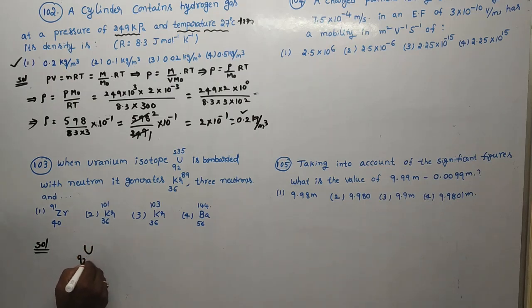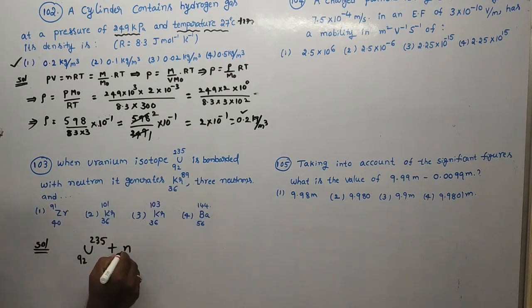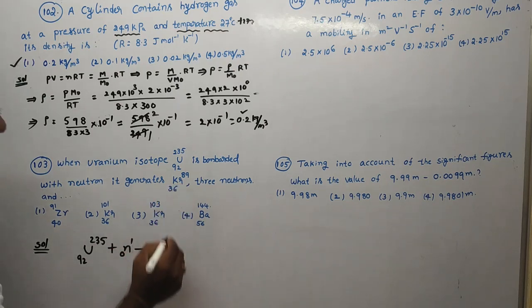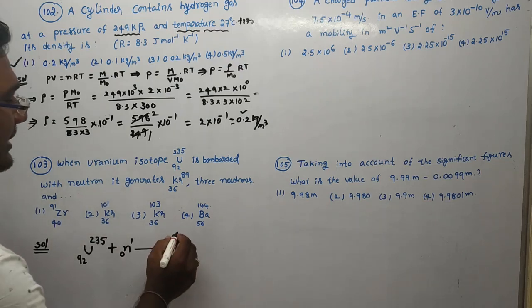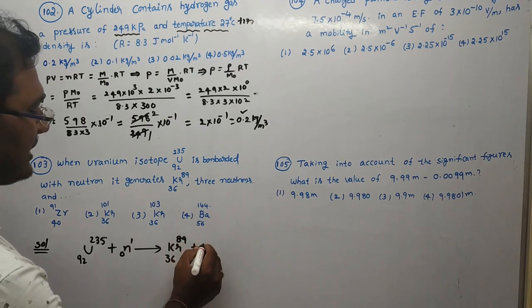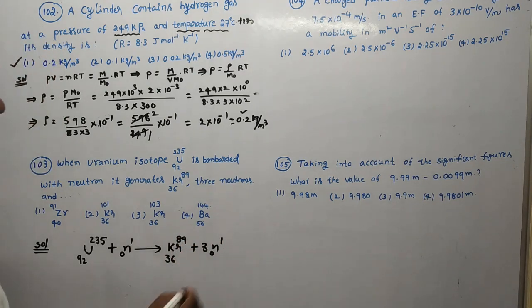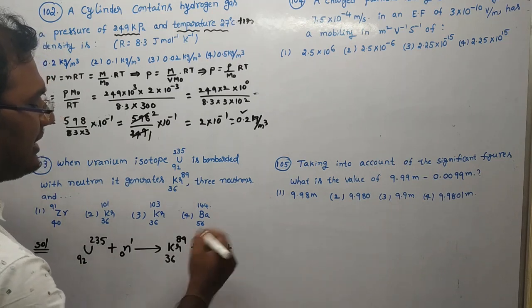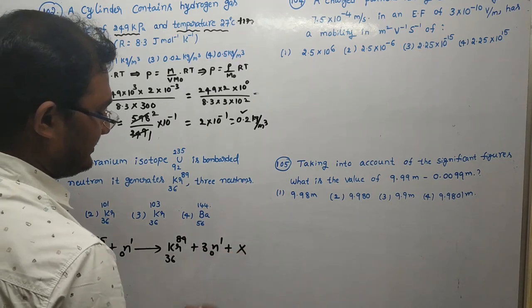Uranium 92-235 plus is bombarded with 1 neutron, that implies we get krypton 36 and plus 3 neutrons. Then we have to find the remaining product. That product, let it be X.